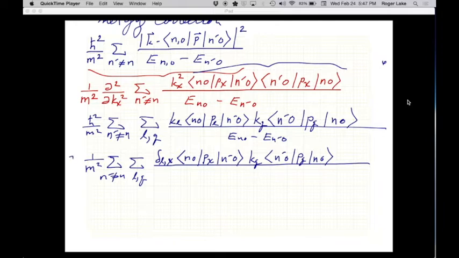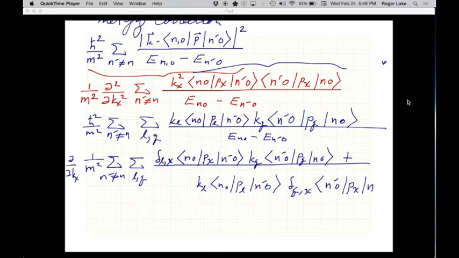I still am going to have another derivative sitting out front. Plus the other one, this will be k_L <n0|p_L|n' 0> delta Q comma x <n' 0|p_x|n0>, all over the denominator. So I'm taking d dkx of this numerator.